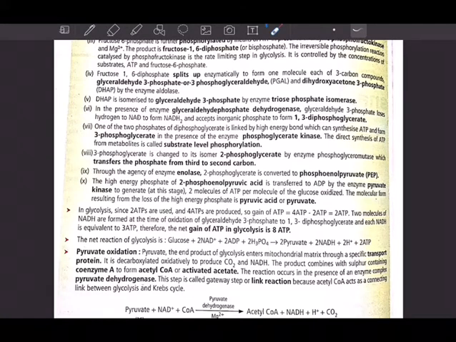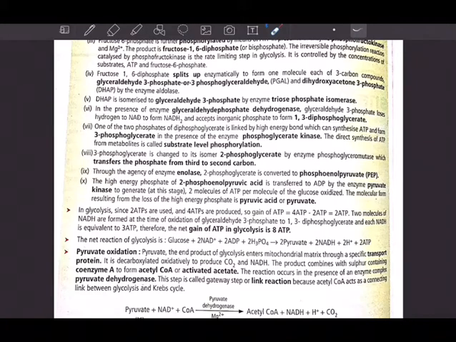Now 3-phosphoglycerate is changed to its isomer 2-phosphoglycerate by the enzyme phosphoglyceromutase, which transfers the phosphate from the third to the second carbon. Through the agency of the enzyme enolase, 2-phosphoglycerate is converted to phosphoenol pyruvate, PEP.